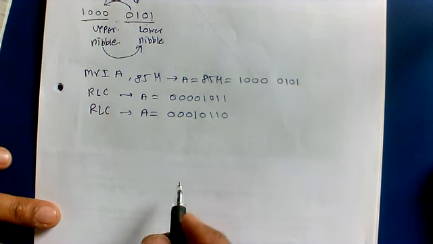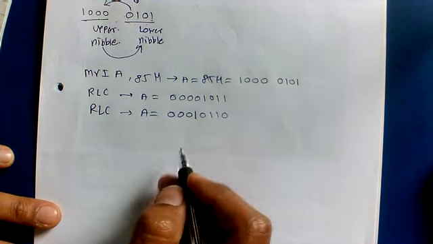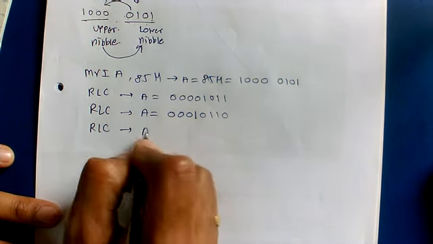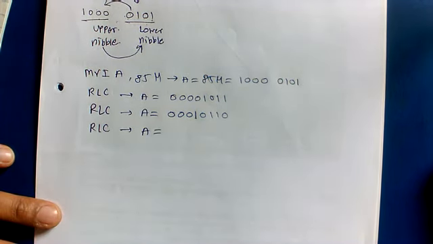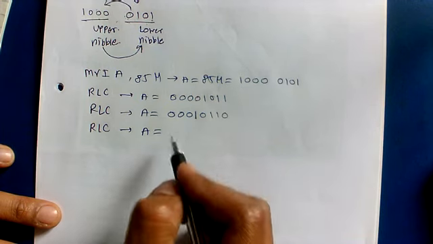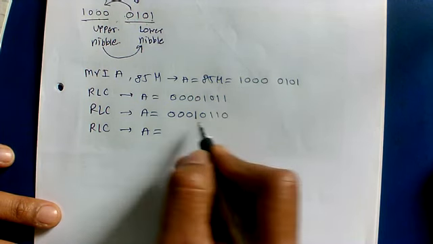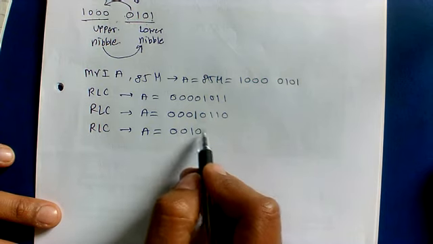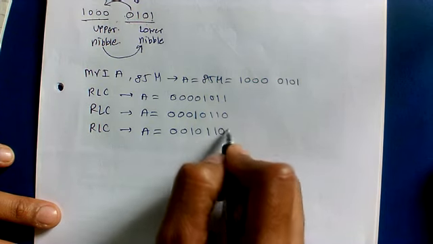Okay, once again RLC. So after this RLC, again shifting, 0 0 1 0 and 1 1 0 0.